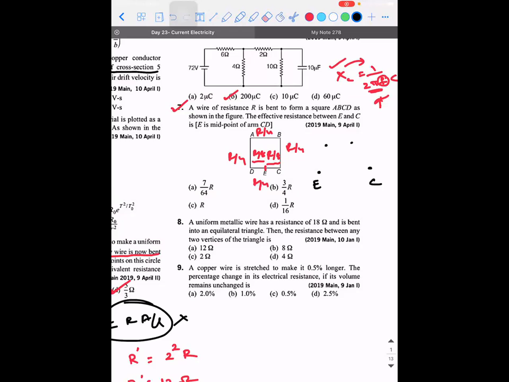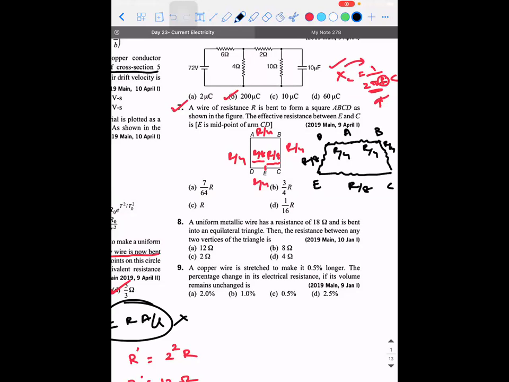So E to D, D to A, A to B, B to C. Correct? E to D over a resistor R by 8, D to A R by 4, A to B R by 4, B to C R by 4, E to C R by 8. Can you guys solve this?